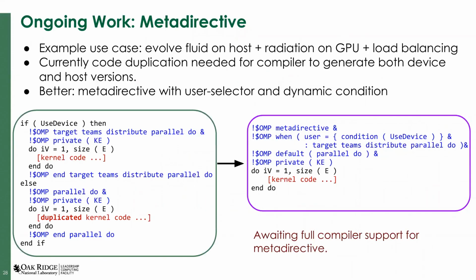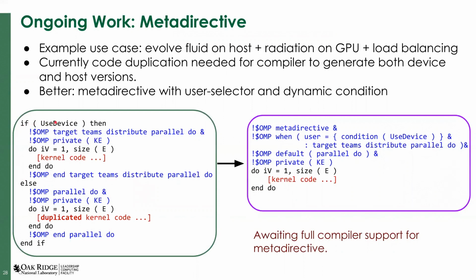So the ongoing work that we currently have is to use metadirective as they become implemented and become available on more recent compilers. On the left here, this is how we write our code right now.